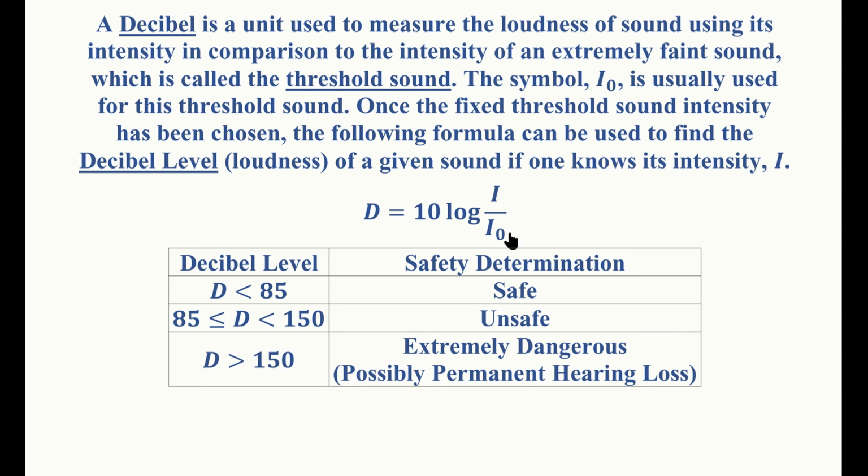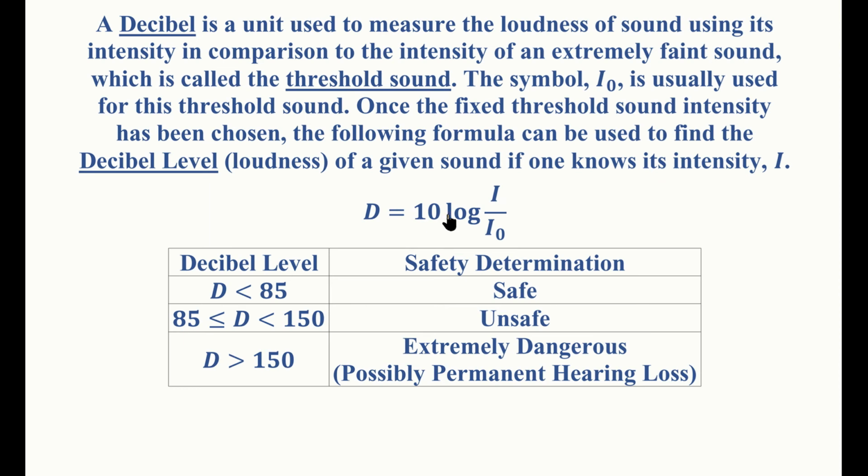We call it the threshold sound. So we compute the intensity of a very faint sound, and then we also need to provide the intensity of the particular sound that we want to compute the loudness of, which can be measured with various devices.